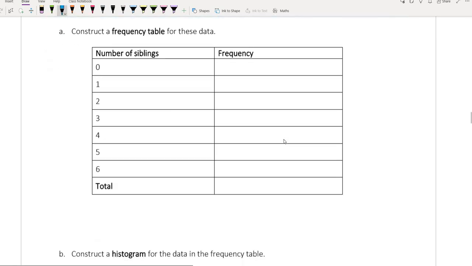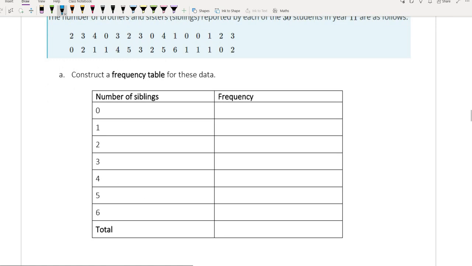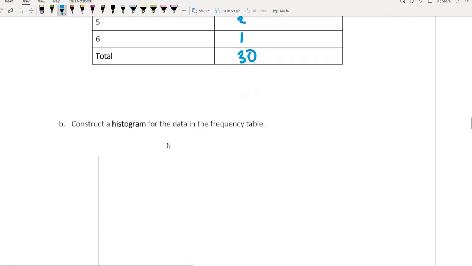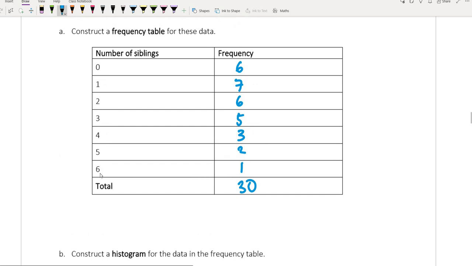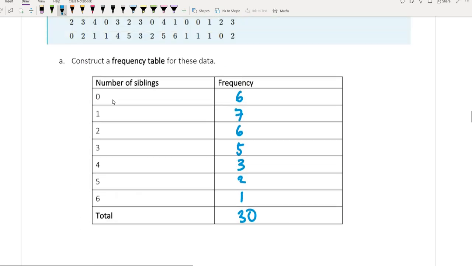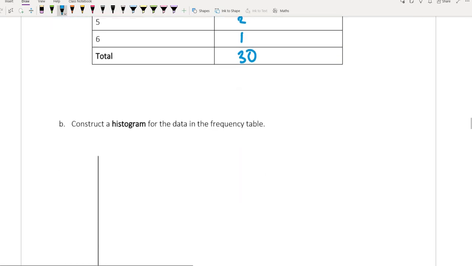And then we just count how many there are for each number like this, and then we can put this into a histogram. Now it goes from 0 to 6, and this was about number of siblings.